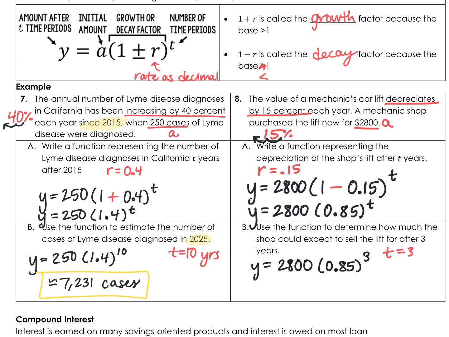So I'll just type it in, 2,800 times 0.85 raised to the third. Should I have decimals? Money? Do I have decimals? Yeah, how many? 2. Dollars, so, because you have cents, right?